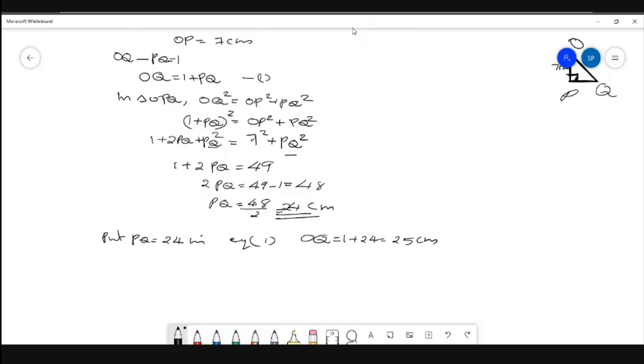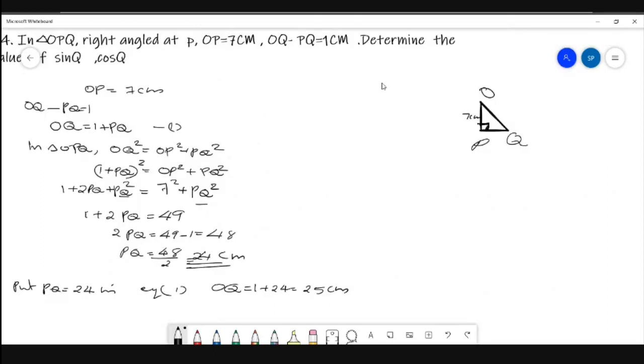Now, if you get all the three sides, you'll be able to write down what is sine Q. So, with respect to this Q, what is sine Q? Sine Q equal to its opposite side divided by hypotenuse.